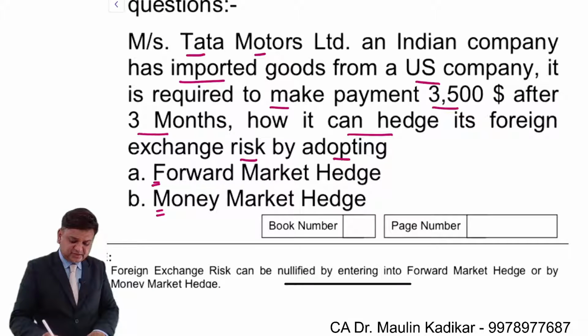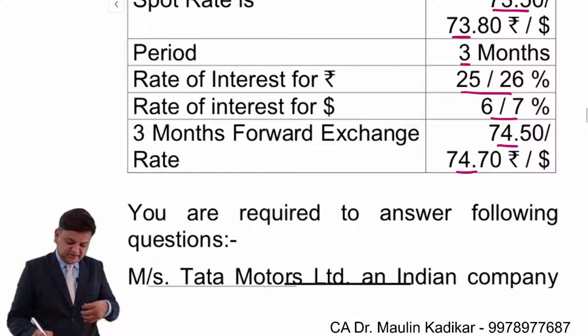What is the amount of the consideration? $3,500, which is supposed to be paid after 3 months.